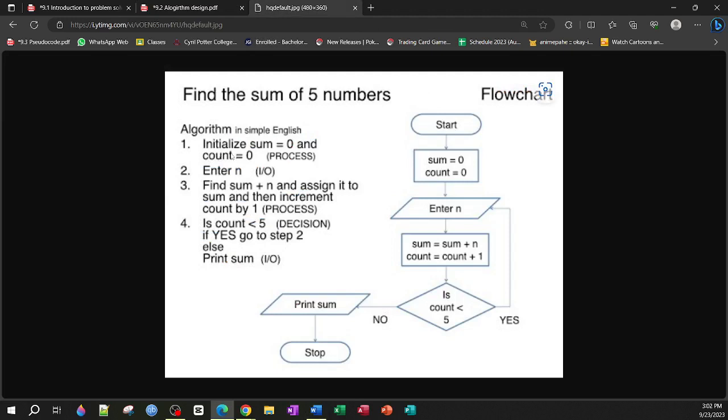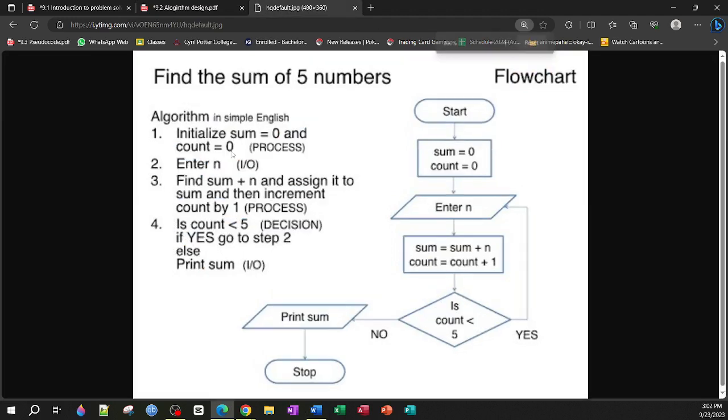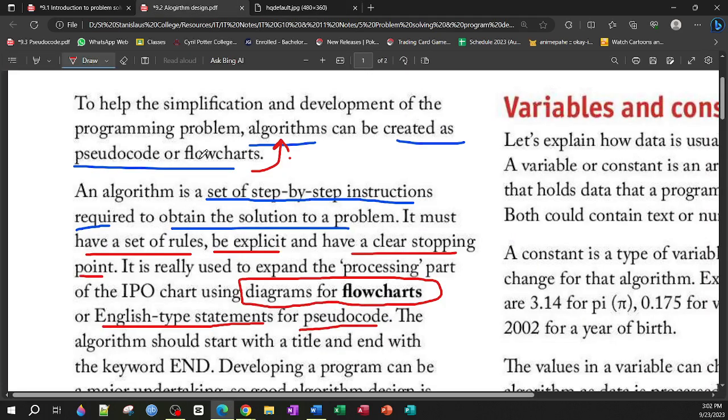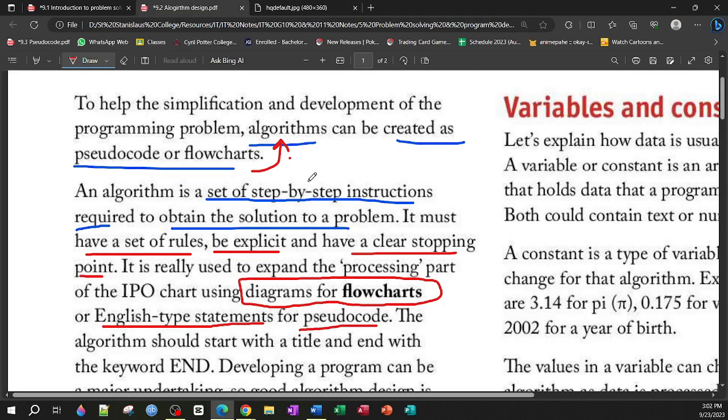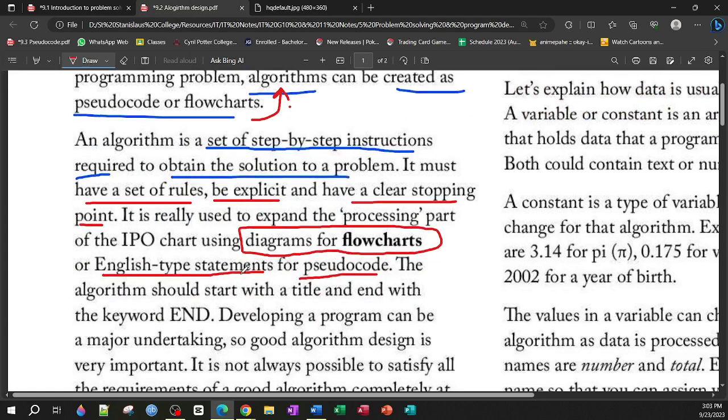Like in this example, it's more structured than the descriptive manner that I was writing in. And the flowchart, as I said, uses diagrams. So take note for now: pseudocode and algorithm both use English-type statements, and only the flowchart uses diagrams.